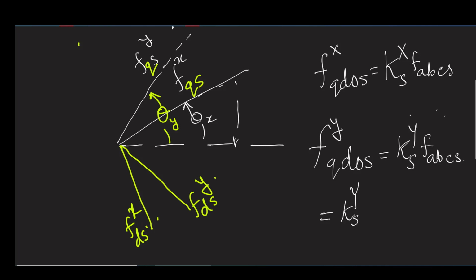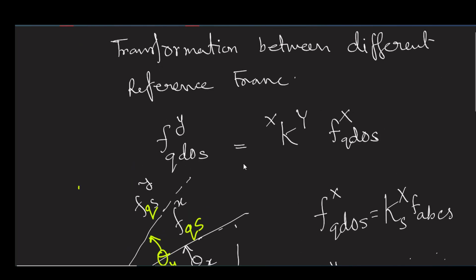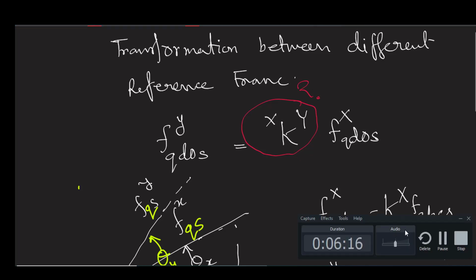See what we can write. Actually, we are looking for something that fits this equation. We are actually inquiring about the entries of this matrix. What would be the entries here, right?